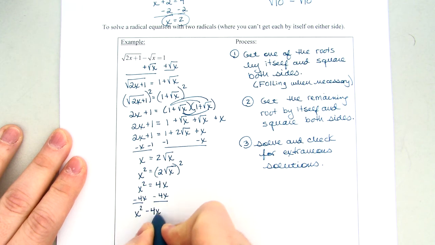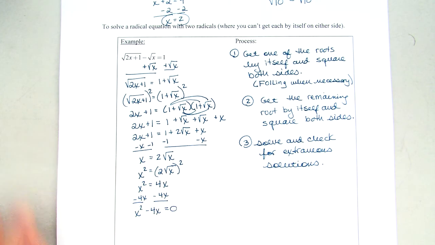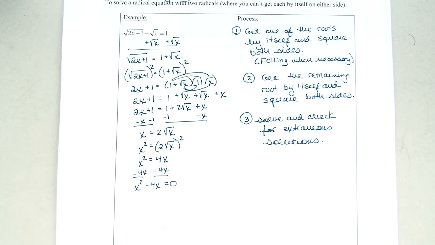Should become the equation x squared minus 4x equals 0. Take out your GCF, because then you'll get your 2 solutions. And to check, you're going to go back to the original problem that has 2 square roots in it. See if you can finish this thing off.